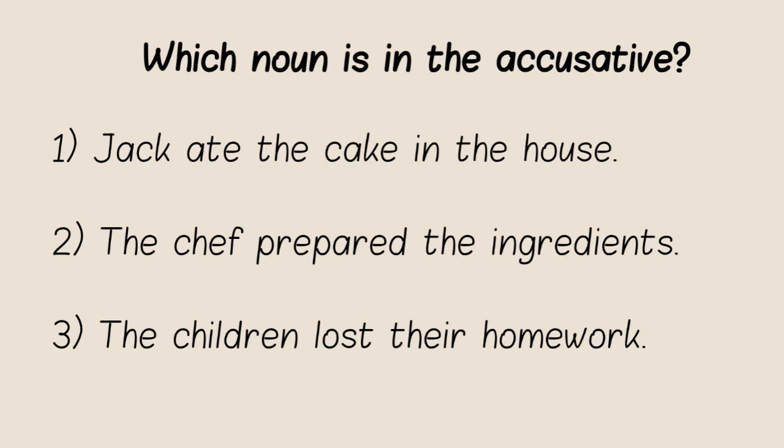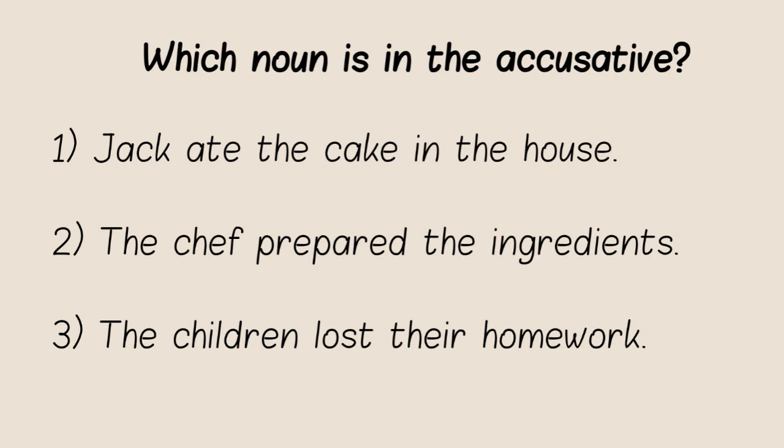So I'll give you some sentences here, and again, just pause the video and go through and find which ones are in the accusative. Okay, so here it's the cake, because the cake is the thing that's being eaten, it's having the action done to it. Here in number 2, it's the ingredients, because the ingredients are the things that are being prepared, they're having the action done to them.